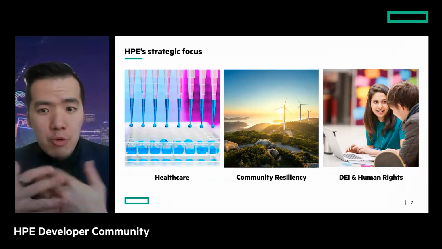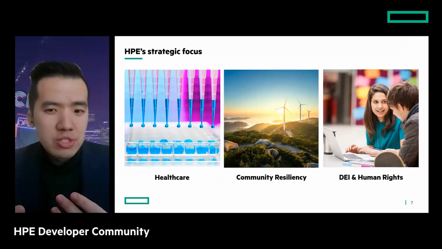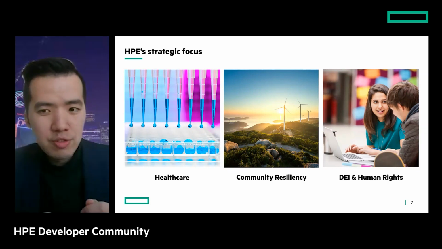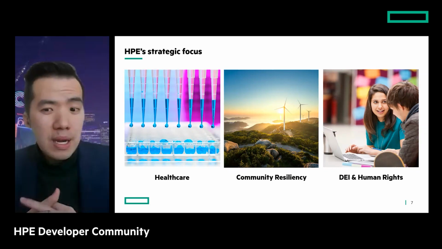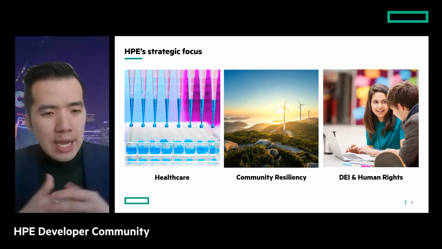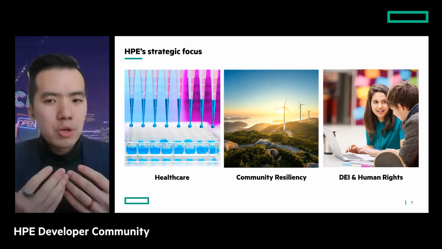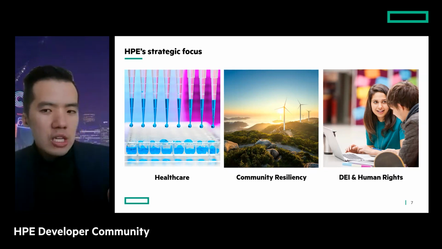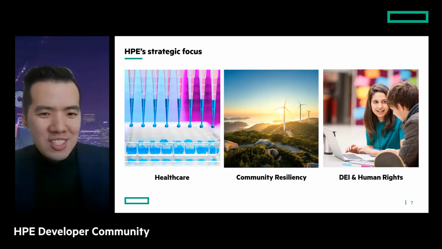As a company, our approach at HPE to the betterment of society is one of intentional focus, intentional investment that is governed by a new social impact strategy that we just launched late last year. And this strategy, again, is driven by our purpose to advance the way that people live and work. And we aim to drive change in three key areas: healthcare, community resiliency.